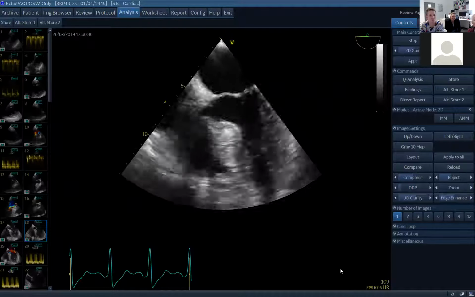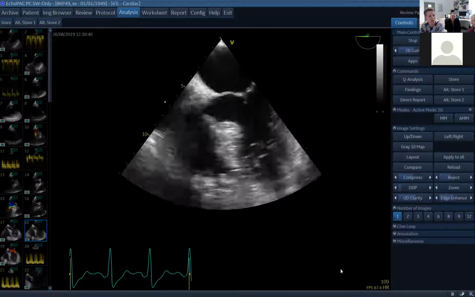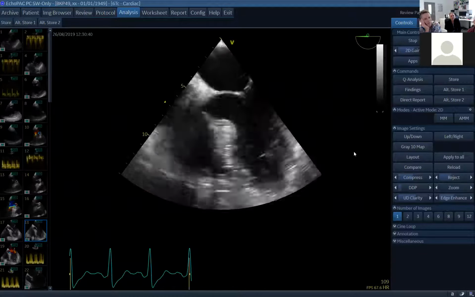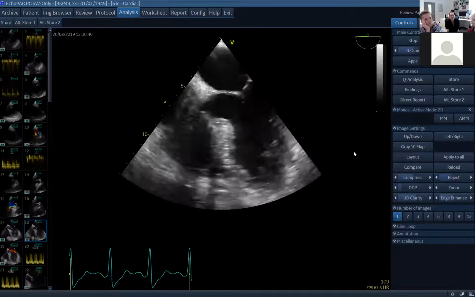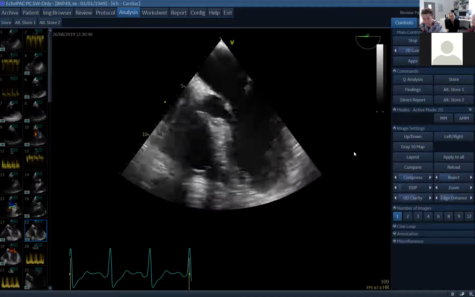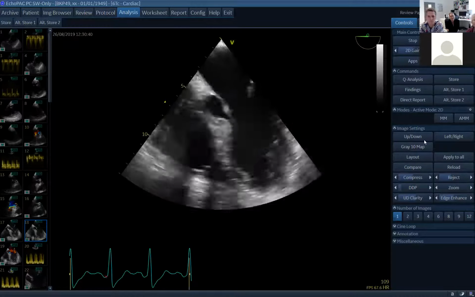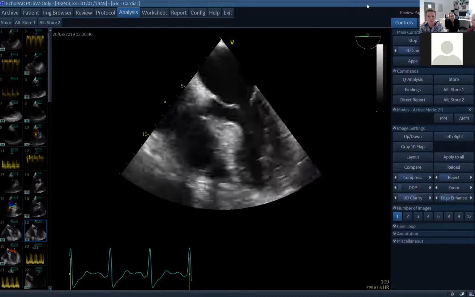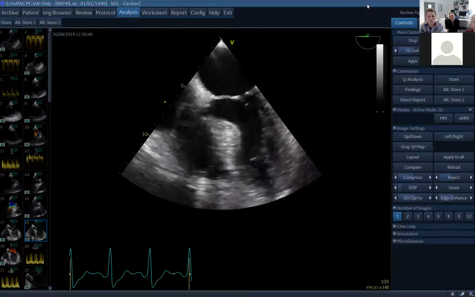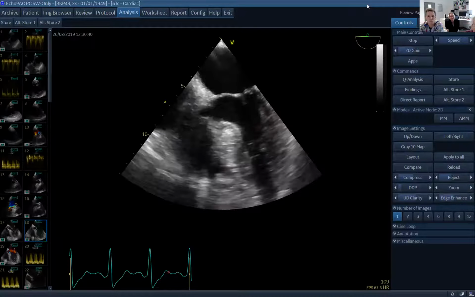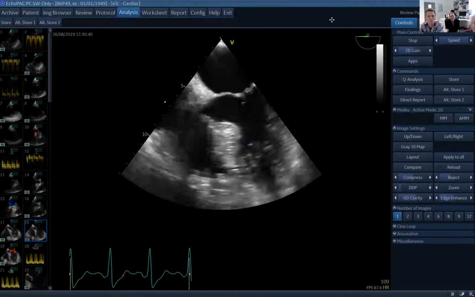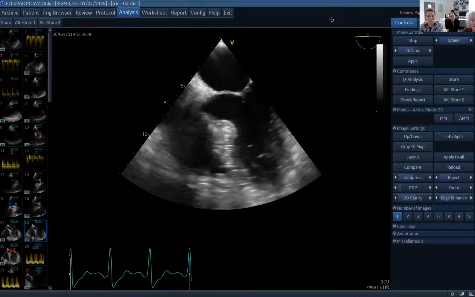Describe your findings for this and tell me what walls you see of the left ventricle. Okay, so this is the mid-esophageal 4-chamber view, which shows me the... Hang on, I've got to go back to my parasternal long and then work it back from there.